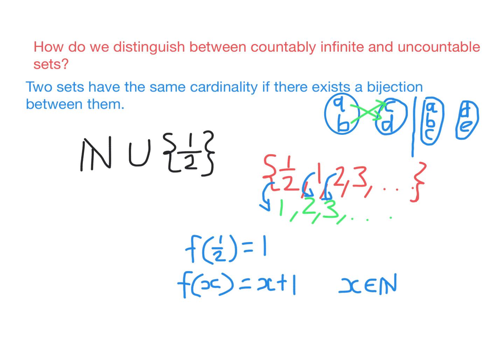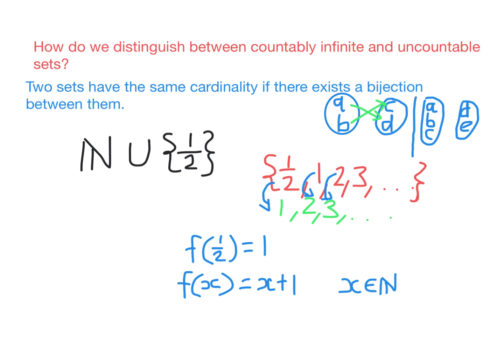We can see though, the point is we can line up elements of this set with elements of the natural numbers. There is a 1-to-1 correspondence, and so they have the same cardinality.